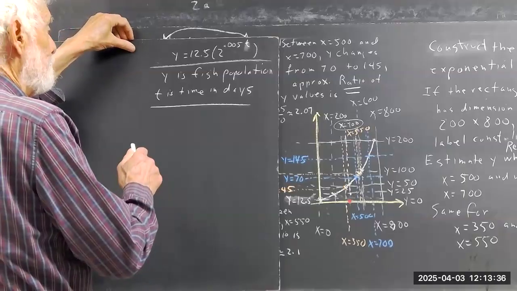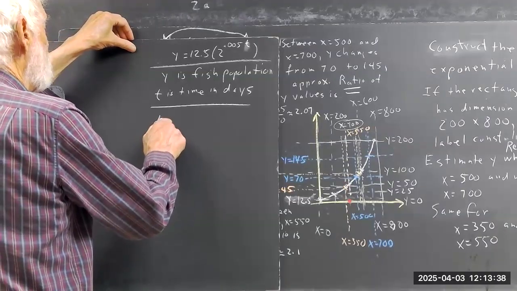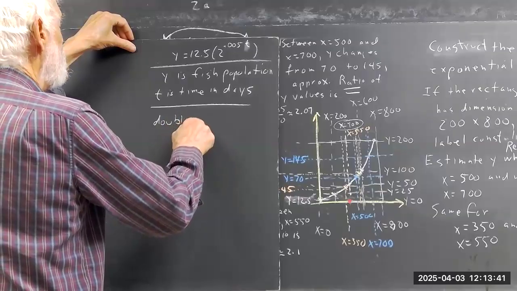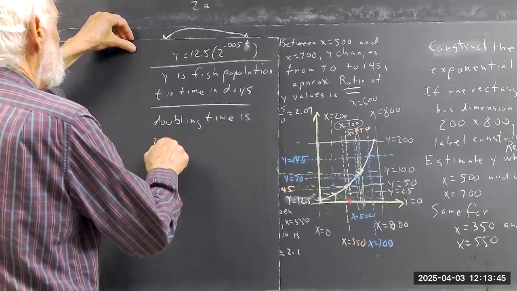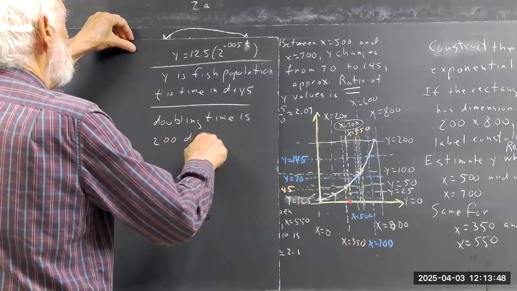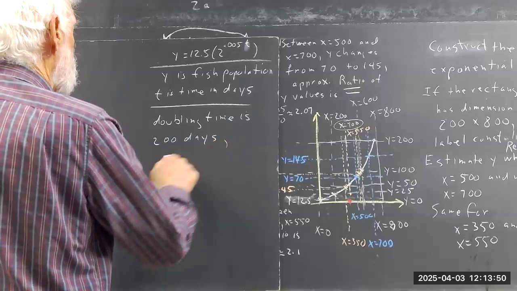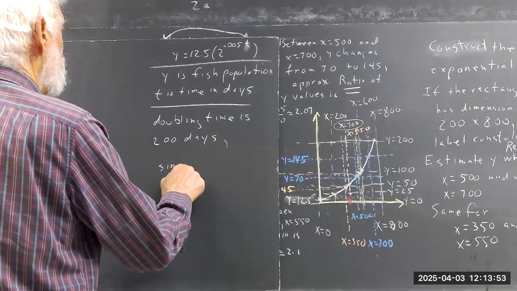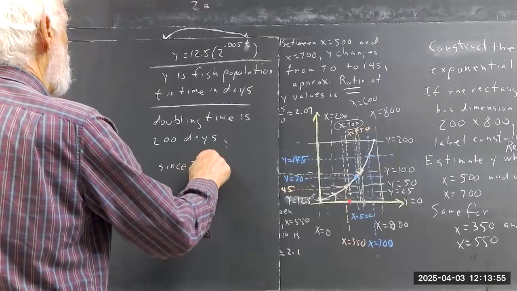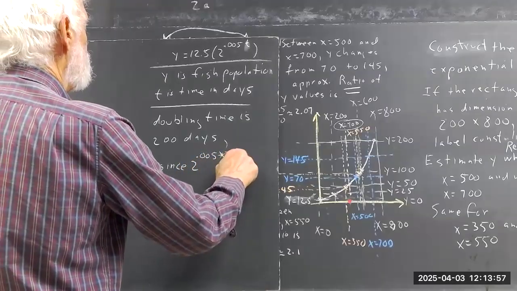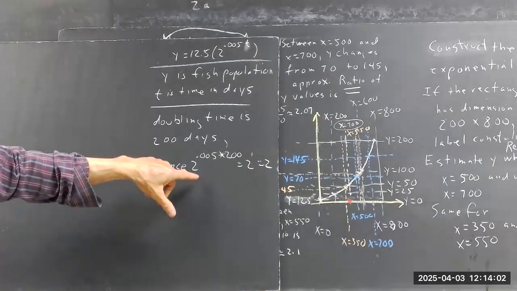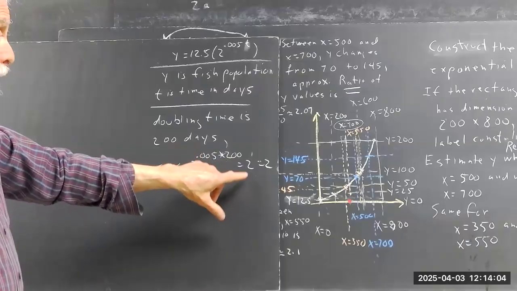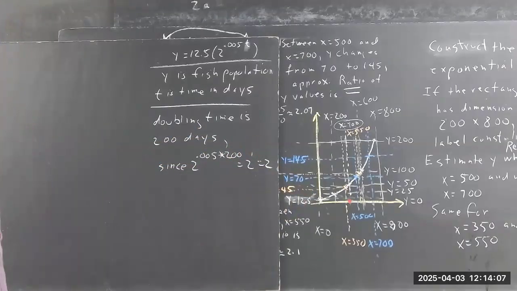Well, we can predict, first of all, and that's just because 2 to the 0.005 times 200 is 2 to the 1, which is 2, which we just saw.